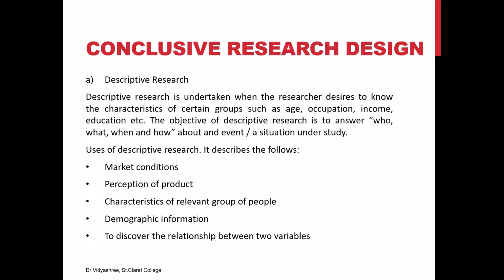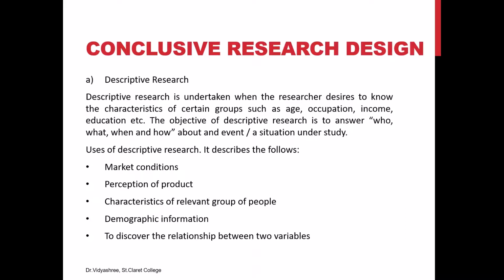The main objective of descriptive research is to know the answers for who, what, when, and how about a situation or an event. In other words, let us see the uses of descriptive research, that is, in what situation or how it describes.